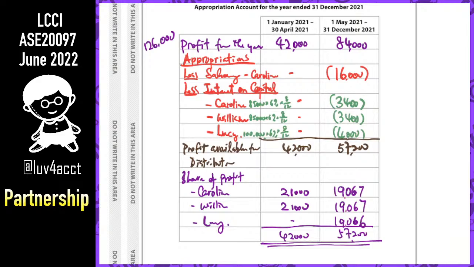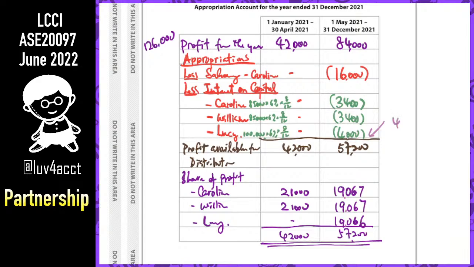Yes, I will too. But I want to explain. I guess when you work on past papers, you also look at suggested answers, answer keys. This time, if you look at the answer key, they give you a different answer for Lucy's interest on capital.